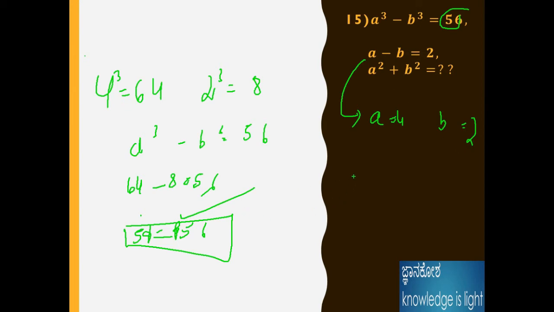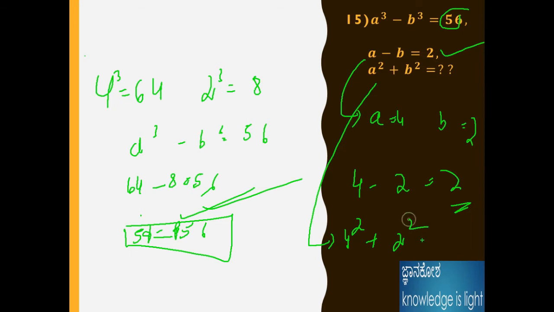So 4 minus 2 is 2 only. The answer is 2. The question already gave a minus b is equal to 2. We also separate the answer from the proof. Then the question is a square plus b square, 4 square plus 2 square. 4 square is 16 plus 2 square is 4, therefore the answer is 20 for this question.